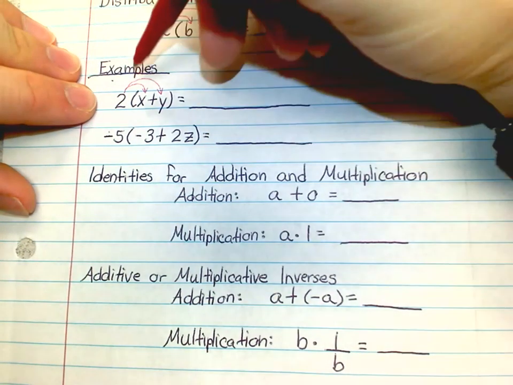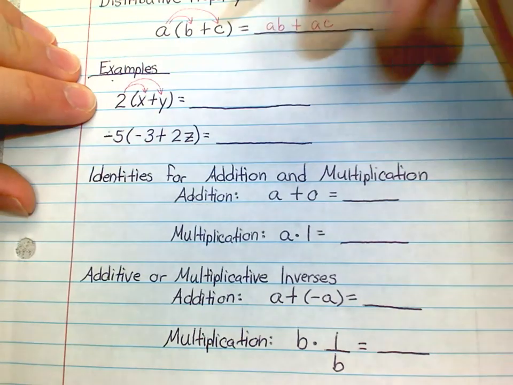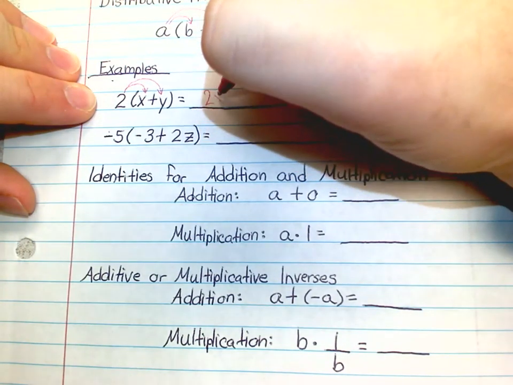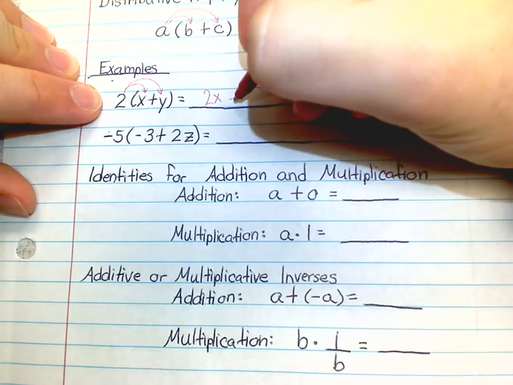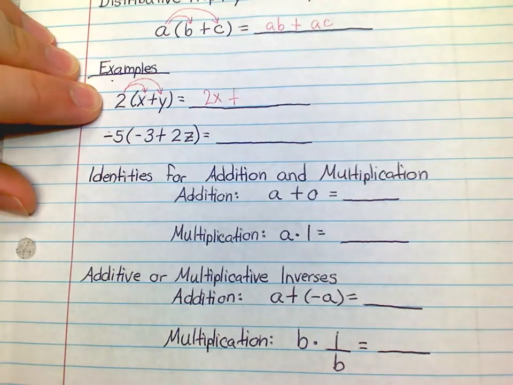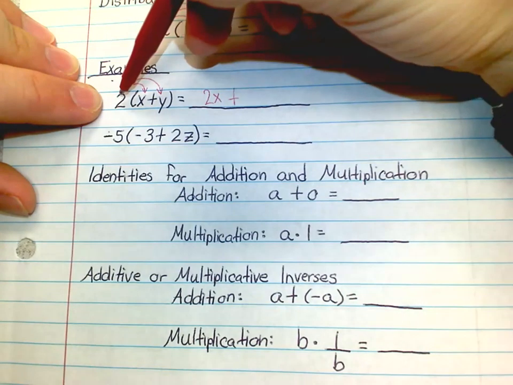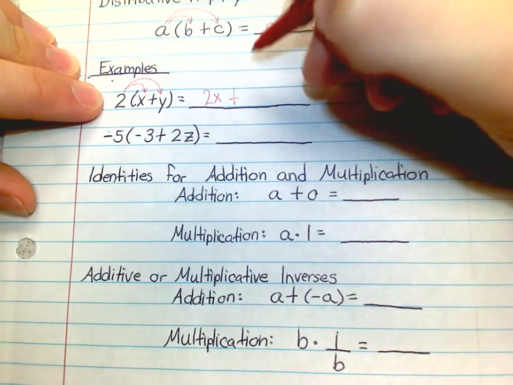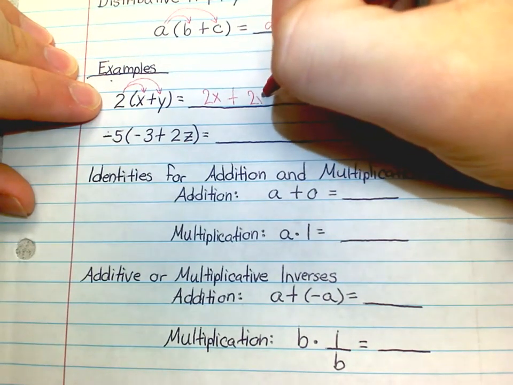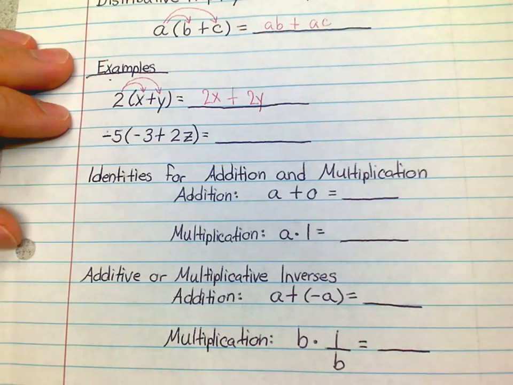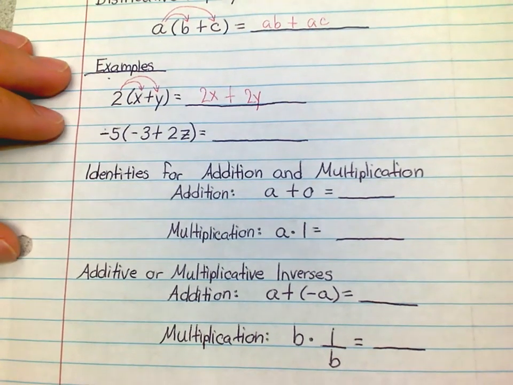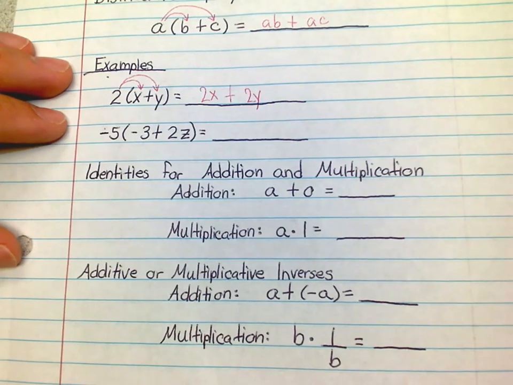So we're going to say 2 times x, so we'll just write 2x. Then we'll write our sign that looks like a positive or plus. Okay, and then let's say 2 times y. So what we did was just use an example of using the distributive property over multiplication and addition.